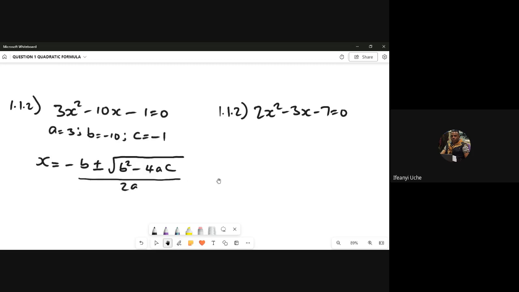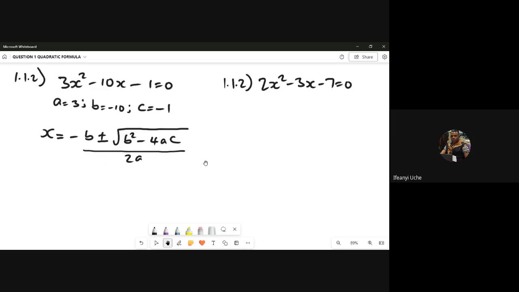The reason why I said you should highlight it first is that normally you're given 1 mark for correct substitution. So you need to be careful as you do your substitution. If you lose it while substituting, then you're going to lose it also with the rest of the steps.